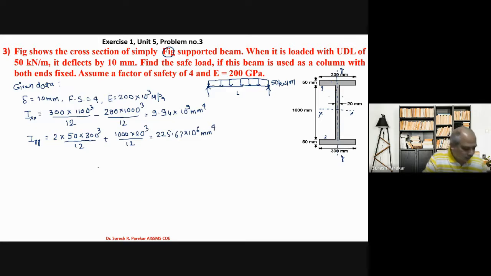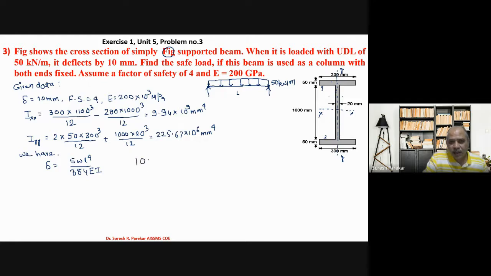So we have these values of Ixx and Iyy. Now for UDL, the maximum deflection will be at center, and the formula we have is delta equal to 5WL4 upon 384 EI. Now the value of delta is given as 10.